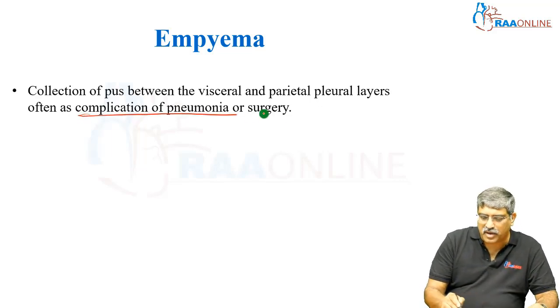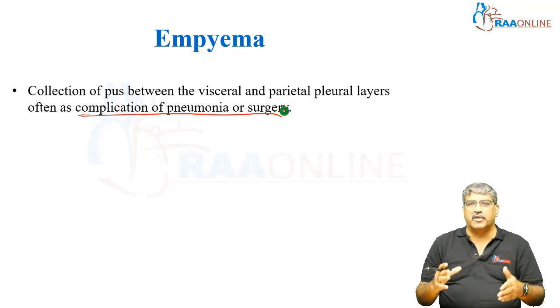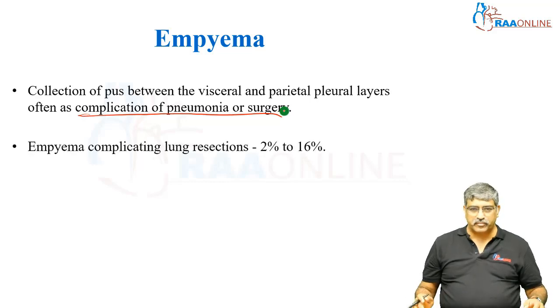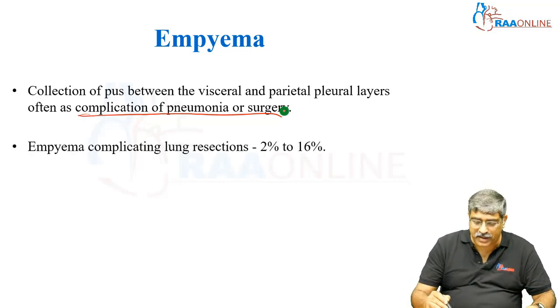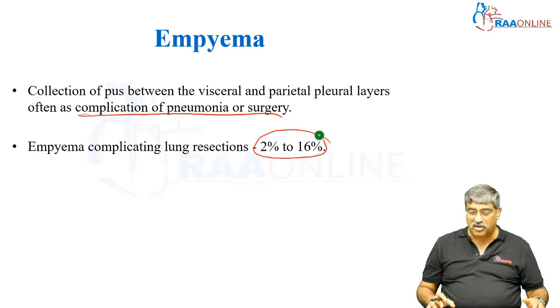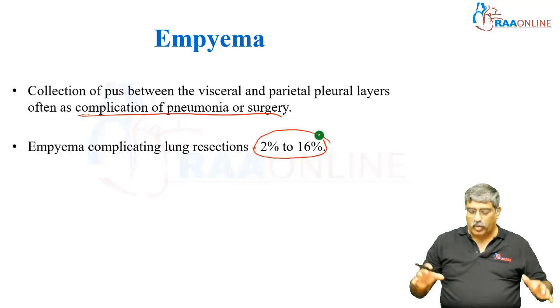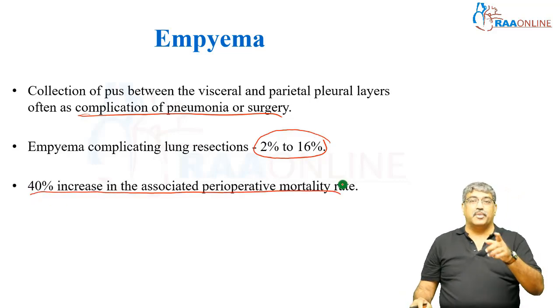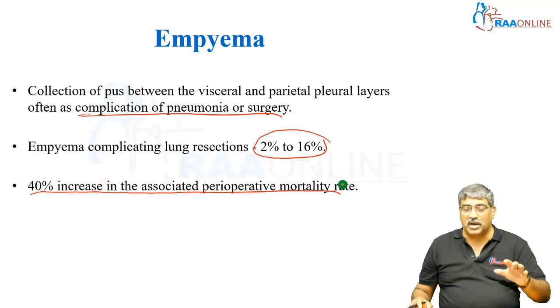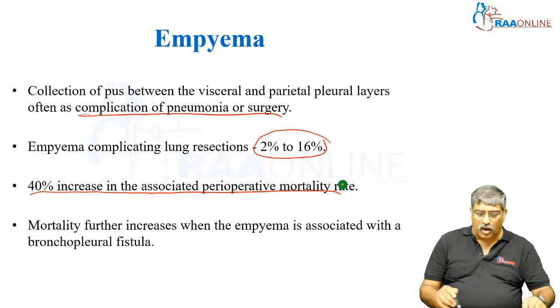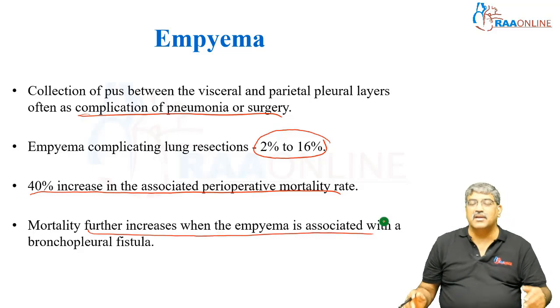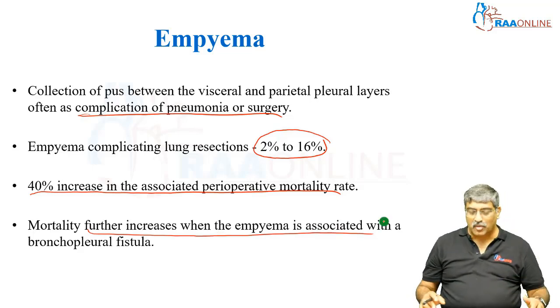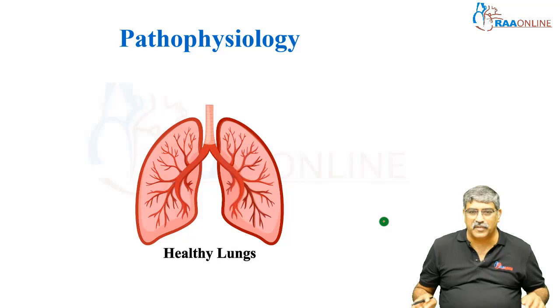This happens as a complication of pneumonia, lung infection, or surgery. Empyema complicating lung resection happens in around 2 to 16% of patients. The incidence is quite bad. There is a 40% increase in perioperative mortality if empyema sets in. Mortality further increases when this empyema is associated with bronchopleural fistula.